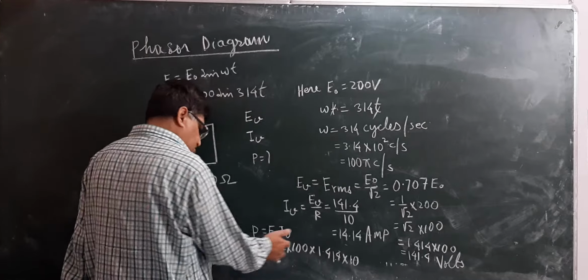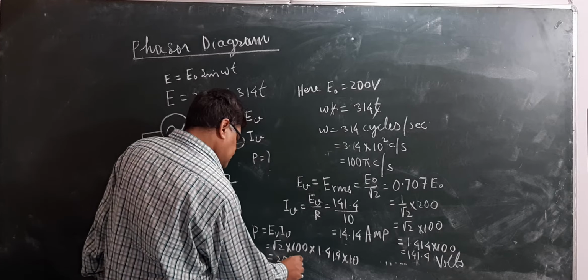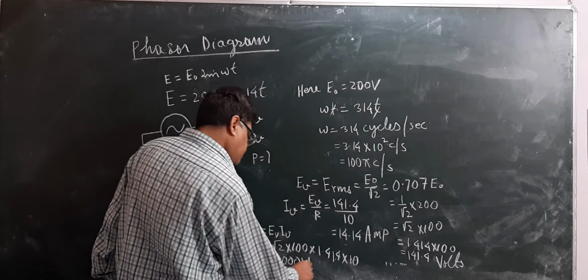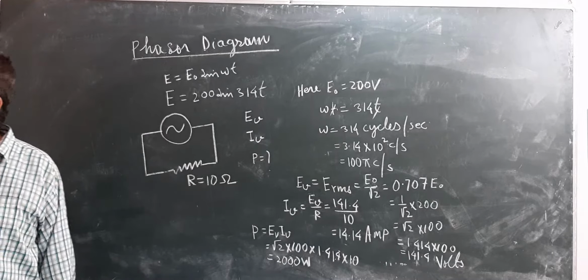So this is root 2, this is also root 2. So you will get here 2000 watt. So this is how we have solved this numerical.